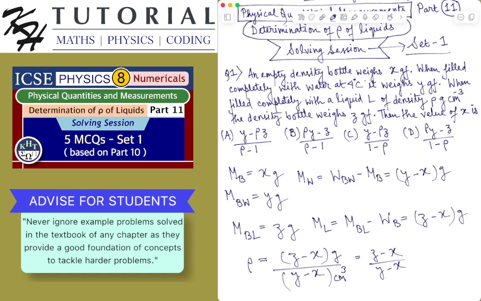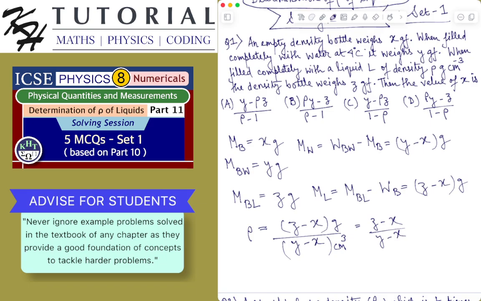Okay. The problem has asked the value of x. So this is a linear equation in x, and we can easily solve it. If I do cross multiplication, I get z minus x is equal to rho into y minus x. This implies if I bring all the x terms to the left hand side and all the other terms to the right hand side, I get minus x plus rho x is equal to rho y minus z.